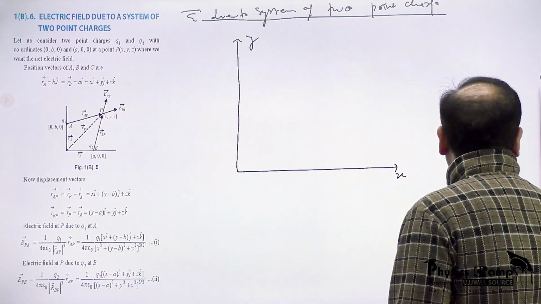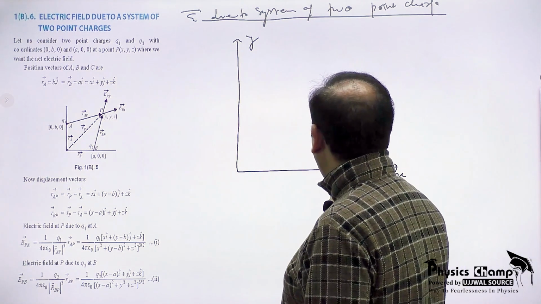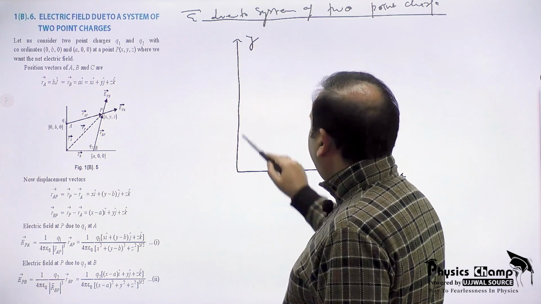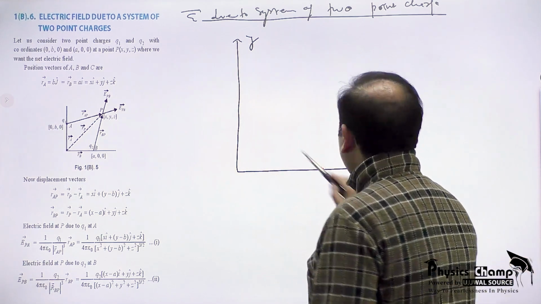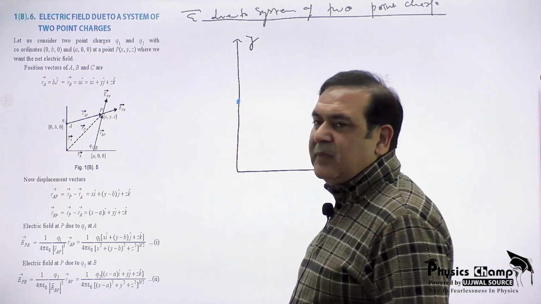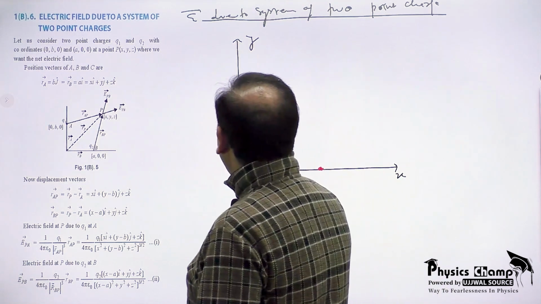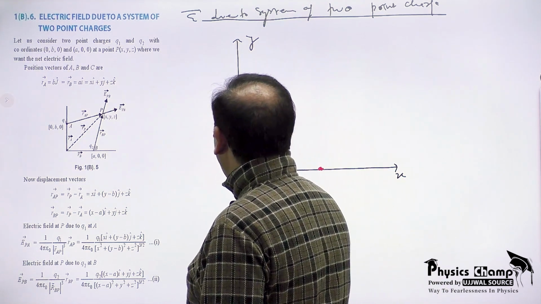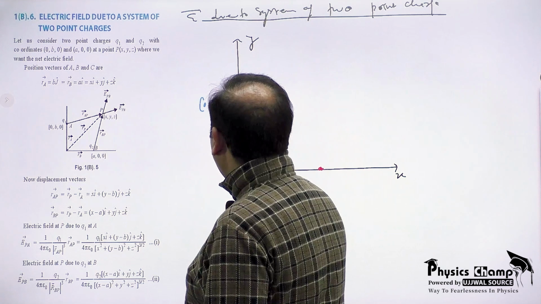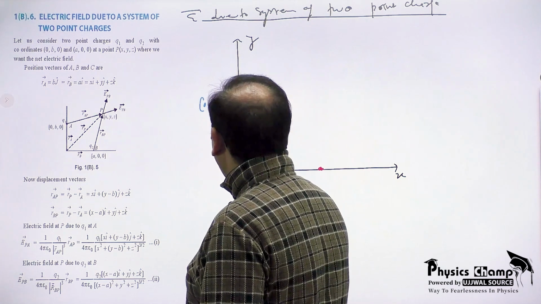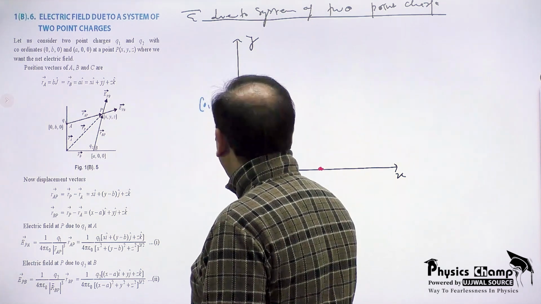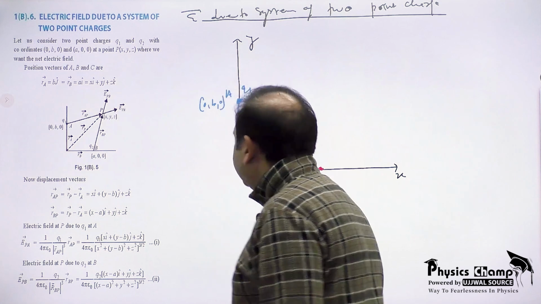On the x-axis we have a charge and on the y-axis we have a charge. The charge on the y-axis is at point A and its coordinates are 0, B, 0. It means this is B and the charge here is Q1.